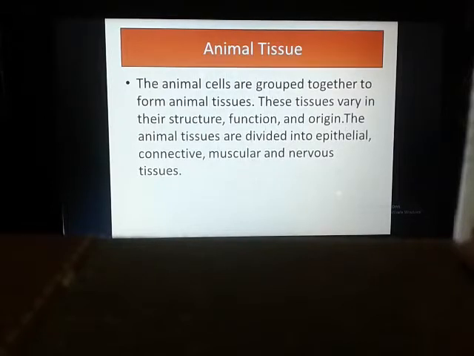Animal tissues are divided into epithelial, connective, muscular and nervous tissue. That means when animal cells are grouped together, they form animal tissues, and like plant tissues, they vary in structure, function as well as origin.